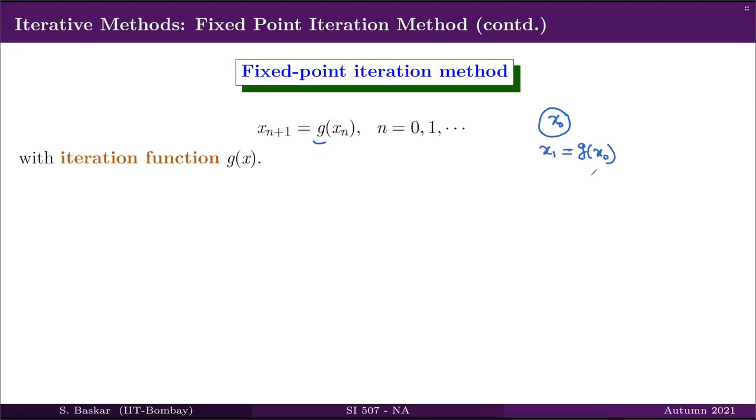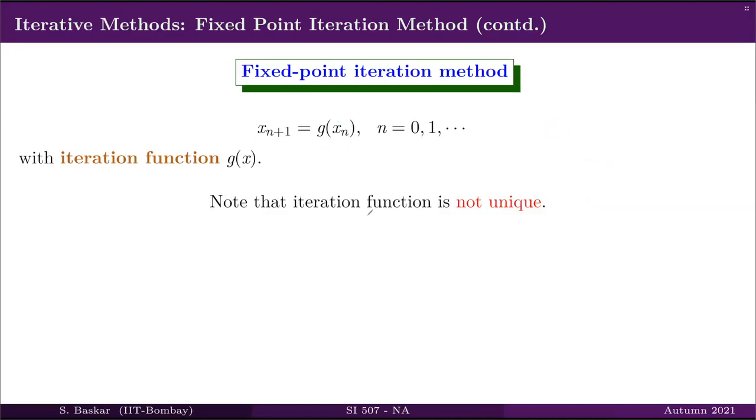And once you have x1, you find g of x1, and that will give you x2 and so on. In general, once you know xn, you can generate the next iteration xn plus 1 by taking xn plus 1 equal to g of xn. The function g is called the iterative function of this iterative sequence.